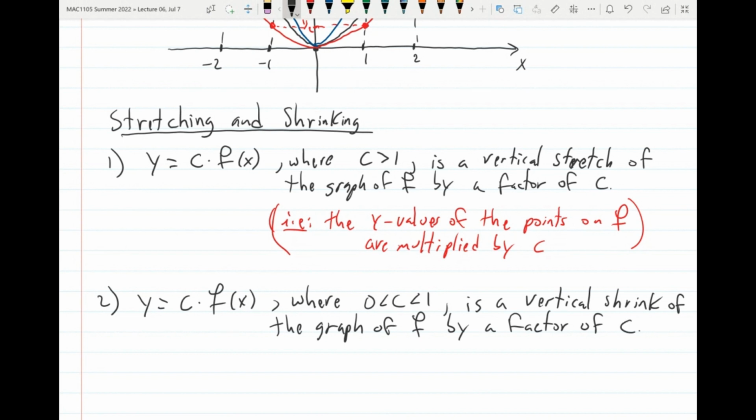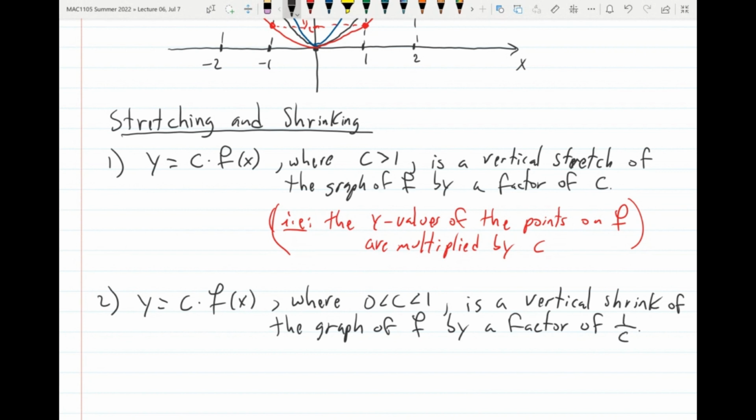And again, really we should say by a factor of, it's gonna look weird, but of 1 over c.